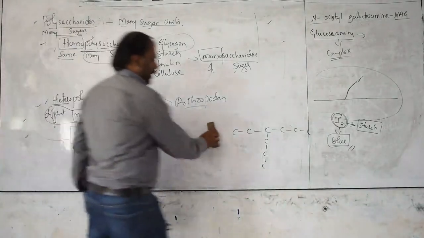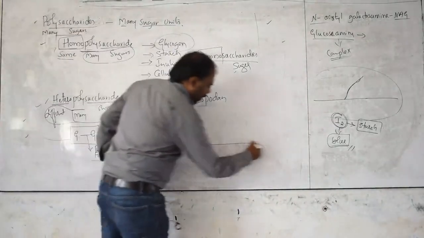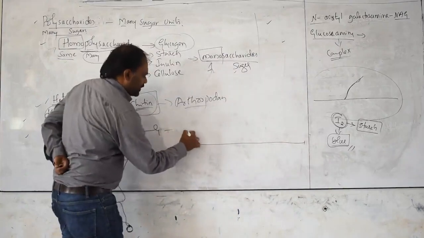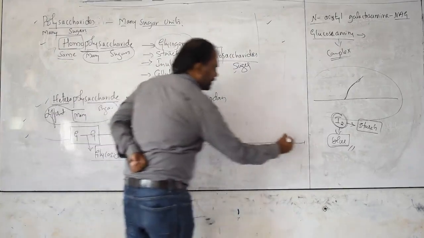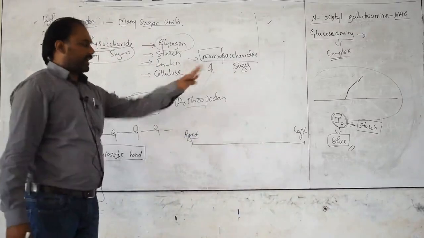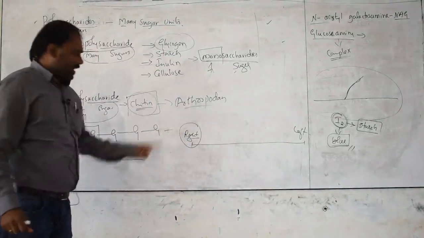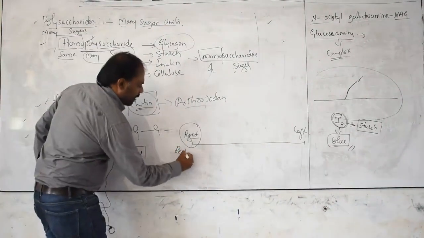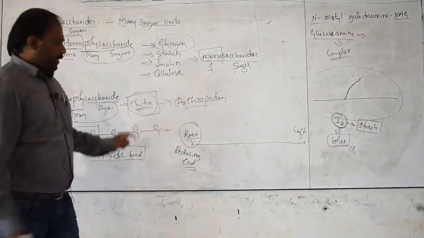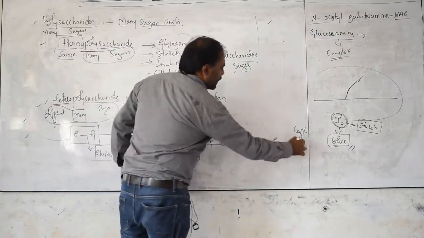And the last point to understand is, when we write a long chain of polysaccharide, imagine it has a right end and a left end. You can take left here and right there, no problem. In a long chain of polysaccharide, the right end is called the reducing end. Say, for example, glucose, glucose, glucose, glucose, glucose, and the last one is glucose.